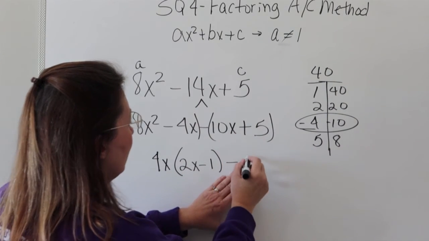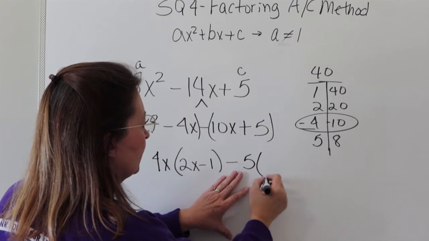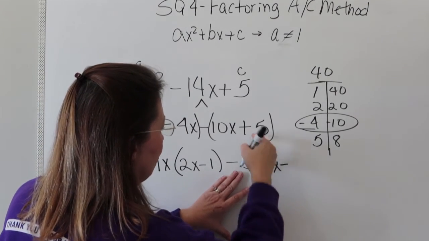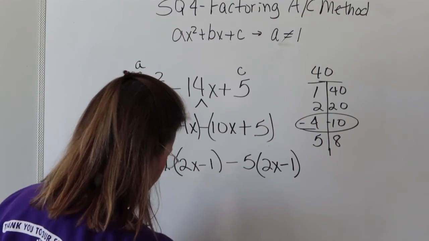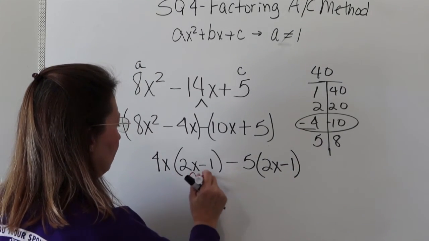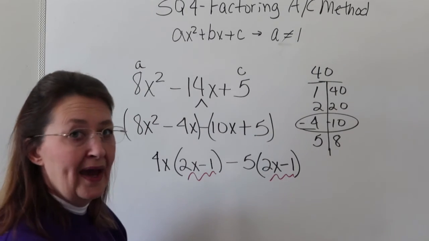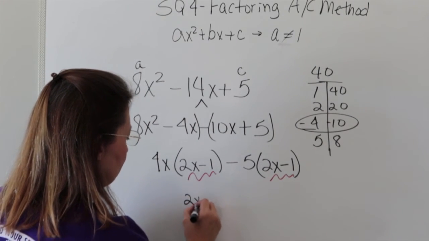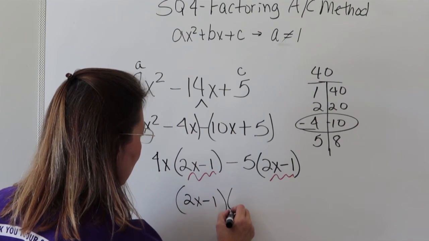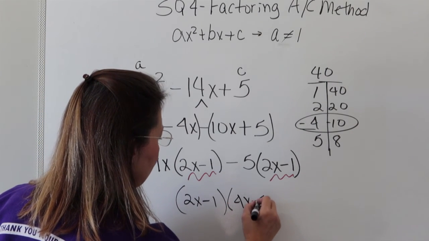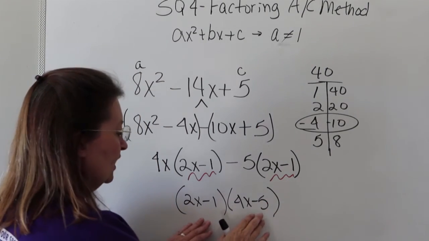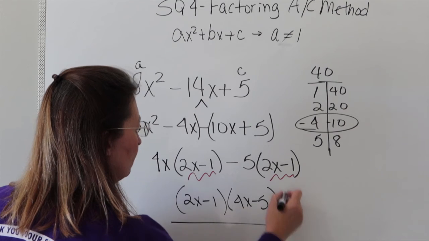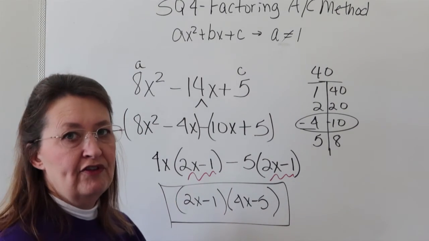The greatest common factor between these two is 5. So I'm going to have 2x left. This sign changes, and that'll be 1. Now, just like I told you before, over and over, that has to match, and it does. So that's going to be my next factor, 2x minus 1 times 4x minus 5. Check these to be sure there's not something else to factor, but otherwise you are finished.